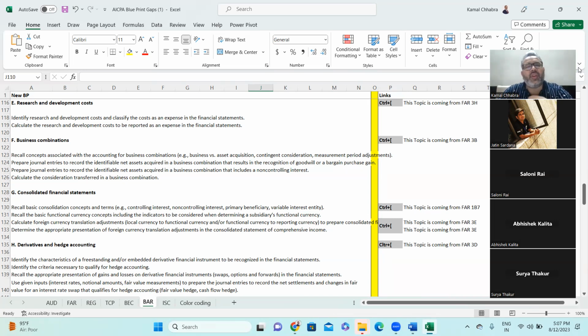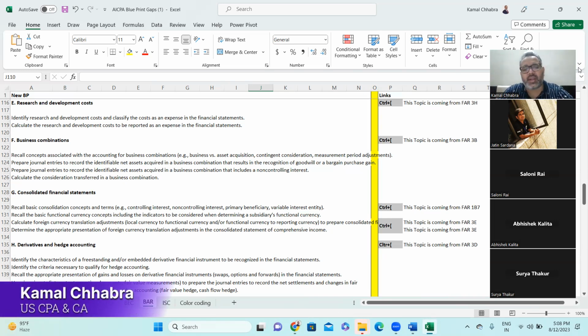When we hear the words research and development, most of the time what hits our mind is the pharmaceutical company or the healthcare industry, but it is in almost all industries. You see Google, every year they are coming up with so many new features.